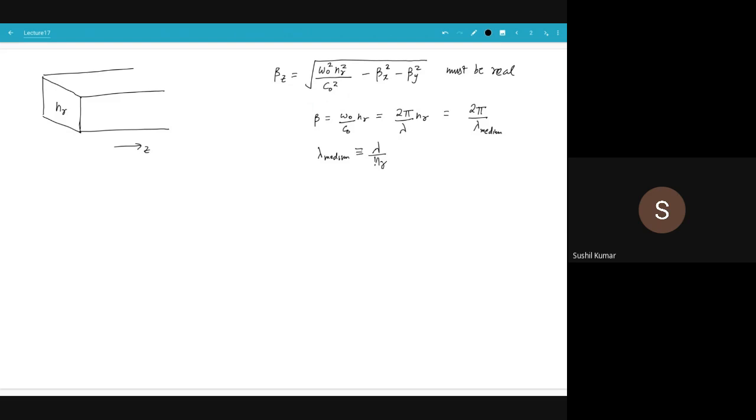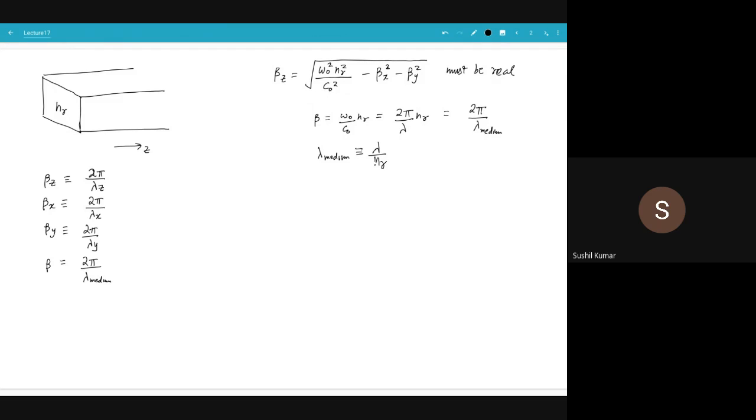Let me write this in a slightly different way. I can write my beta z as 2 pi over lambda z, my beta x as 2 pi over lambda x, and my beta y as 2 pi over lambda y. And my beta is obviously 2 pi over lambda medium, inside the medium.